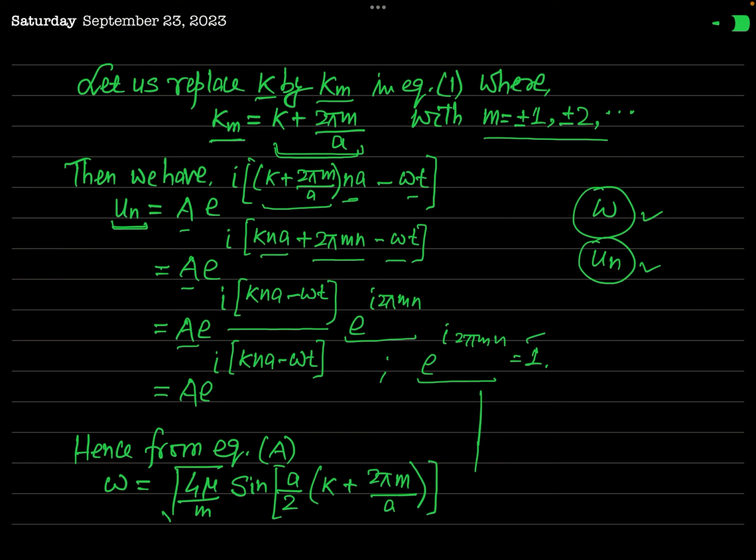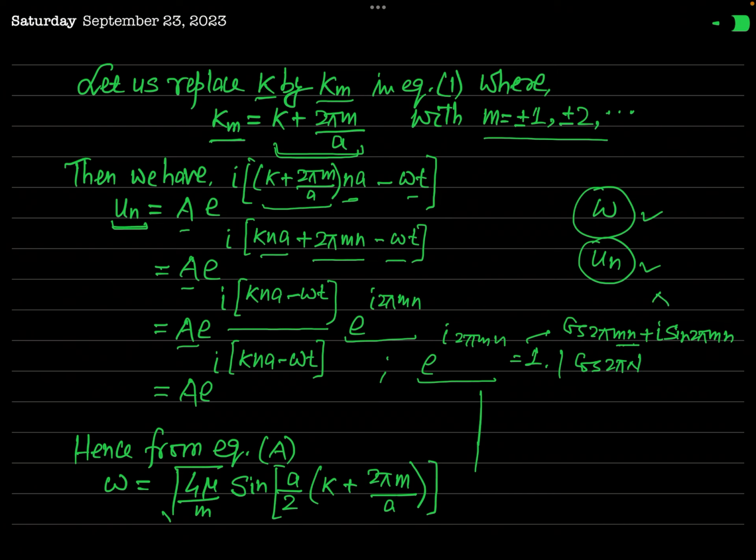Because this will be equal to cos 2 pi mn plus i sine 2 pi mn. As you know, m and n both are integers, and so the product of m times n will also be another integer. So you can write it as cos 2 pi N, capital N.